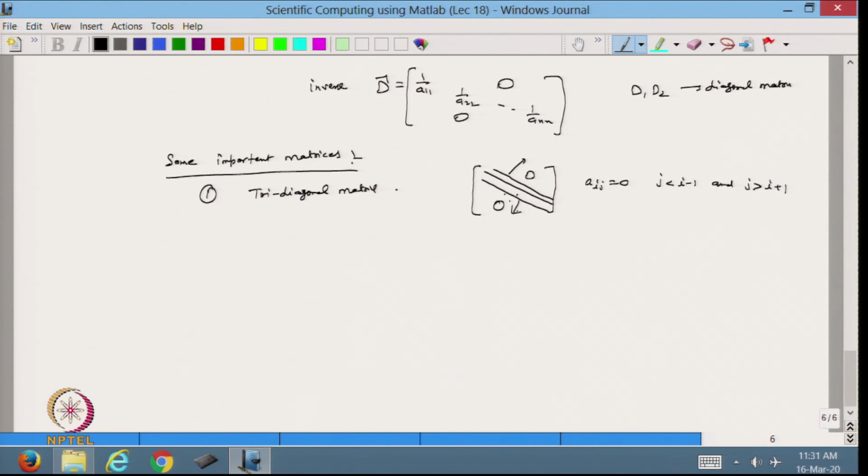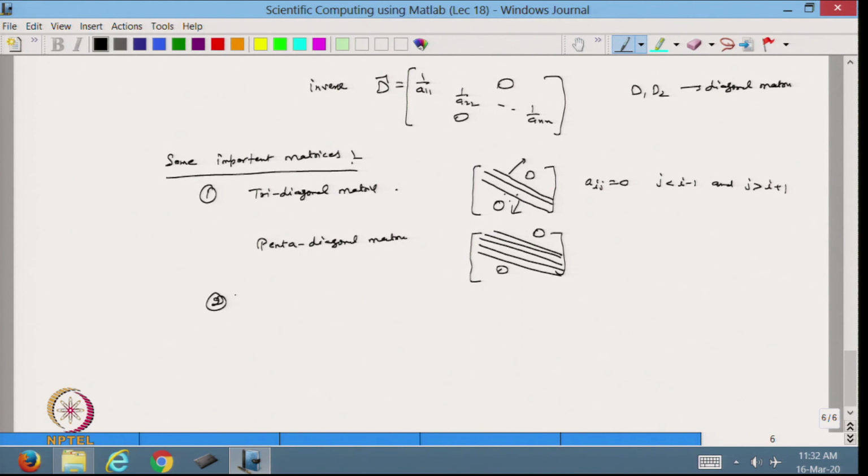Similarly, I can define the pentadiagonal matrix. In the pentadiagonal matrix we have the main diagonal, two sub-diagonals and two super-diagonals, and all other values are 0.